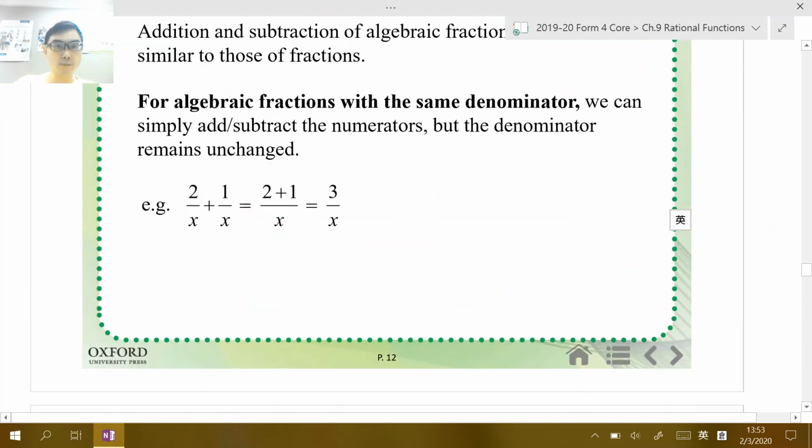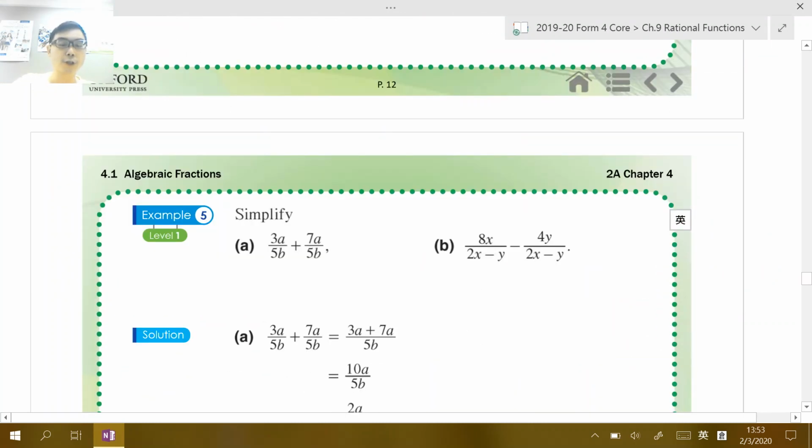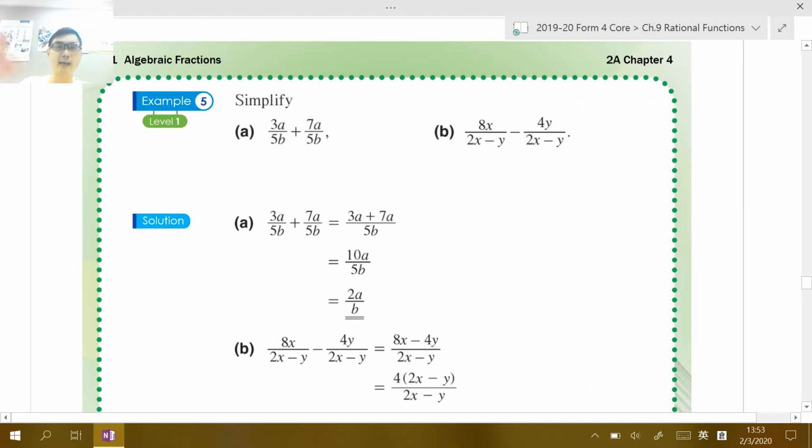And also, in Form 2, you have learned how to add or subtract algebraic fractions. That means if you have two fractions, how do we add and subtract them? For adding or subtracting algebraic fractions, it's just the same. You may need to factorize. But because you are adding the fractions, you have to apply the rules of adding or subtracting fractions, that is, you have to make the denominators the same.